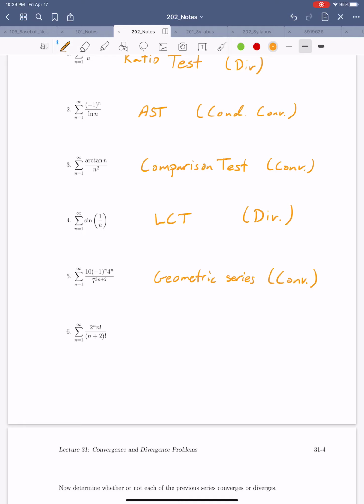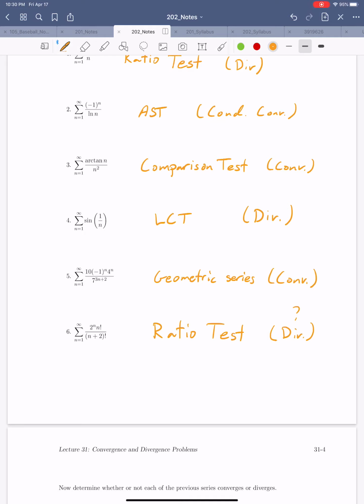Right? Last but not least, number 6, I hope that's clear. We see a factorial, that's ratio test all the way. And I'm not sure if it's immediately obvious, but that one looks to me like it's going to converge. Actually, I take that back. I believe it's going to diverge. So maybe it's not so obvious. And actually, looking at this a bit more, I'm not totally sure.